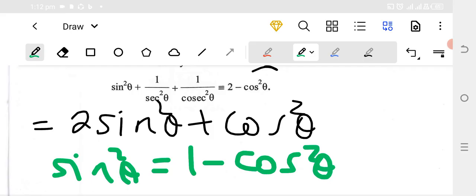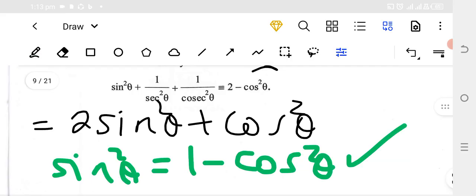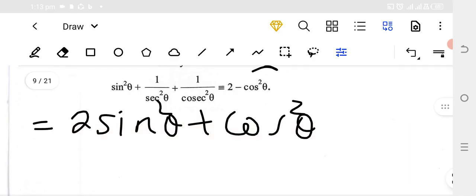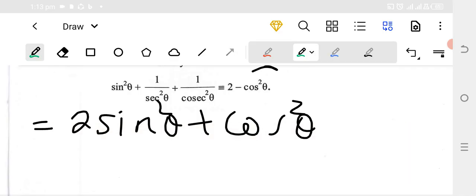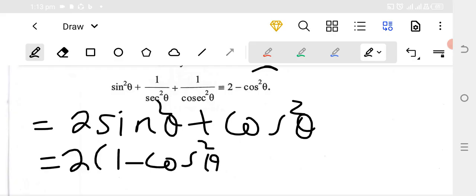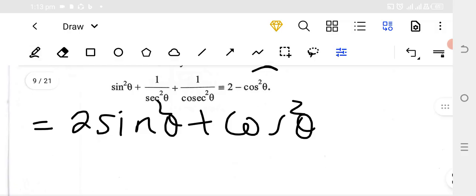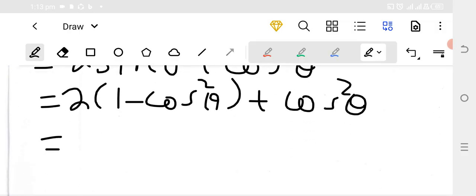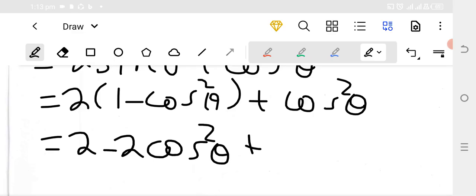This is an identity you need to know. It is equal to 2 multiplied by 1 minus cos theta squared plus cos theta squared, which is equal to 2 minus 2 cos theta squared plus cos theta squared.